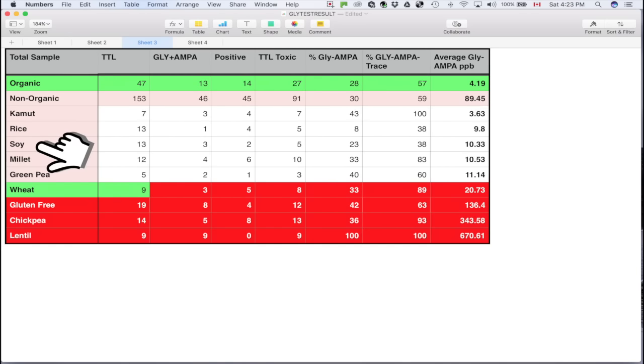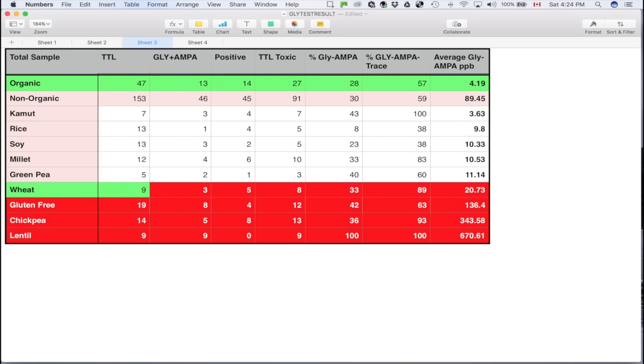Then comes soy, and I was expecting very high figures, but I think that will show up when more soy products are tested. But with 13 samples, the average glyphosate content is 10.33. Then goes up millet. You would think that millets are good. Yeah, they are good in other ways, but the glyphosate average for everything described as millet is 10.53.